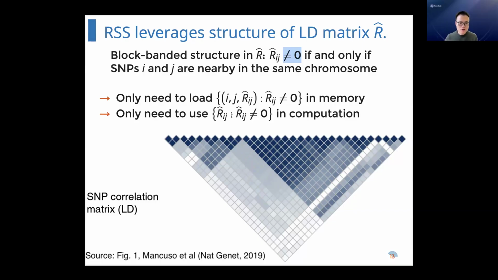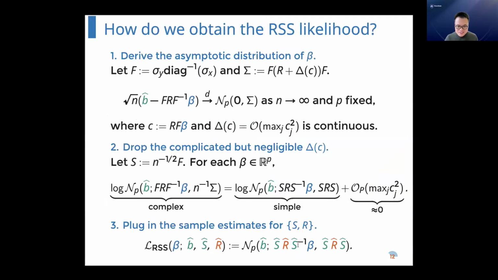We just need to focus on the pairs that have non-zero values. So this saves a lot of plus and multiplication, those basic computations in any statistical procedure. Okay, so in general, this is still a very difficult model to work with, but we have one more feature that really simplifies things a lot.